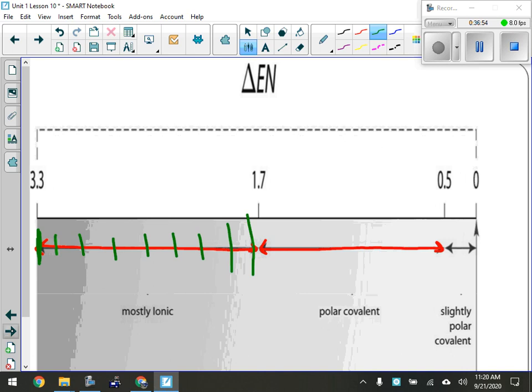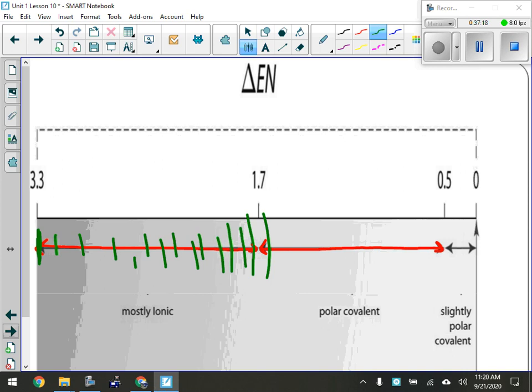What happens when I get the question and it says 1.7? You won't get that question. Don't worry about it. But you have to understand that this is just kind of a sliding scale. So it's probably less ionic, getting closer to sharing perhaps. Could you have something that's a little bit more ionic there? Possibly, yeah.